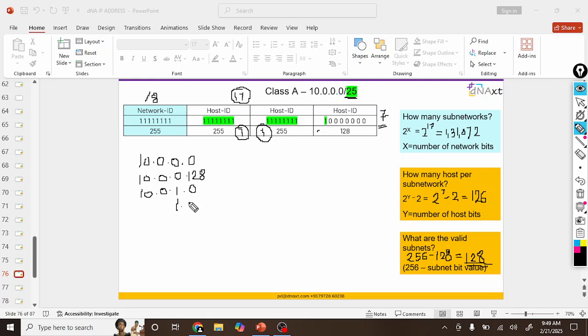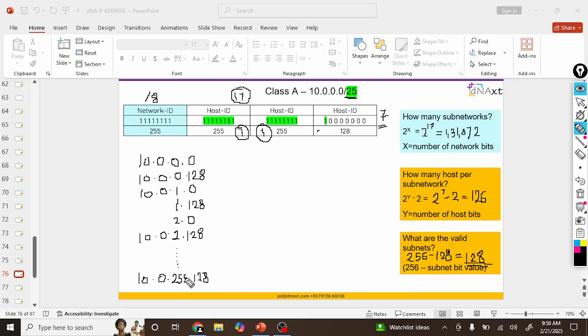Then 10.0.1.0, 10.0.1.128, 10.0.2.0, 10.0.2.128, 10.0.3.0. This will go on till you reach 10.0.255.128.